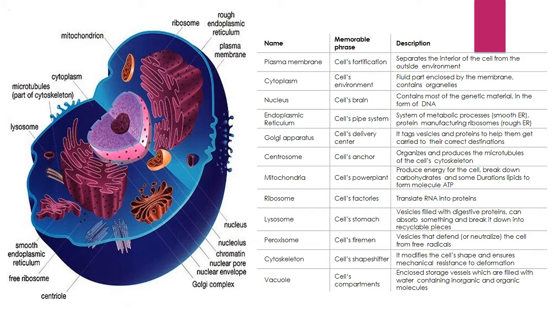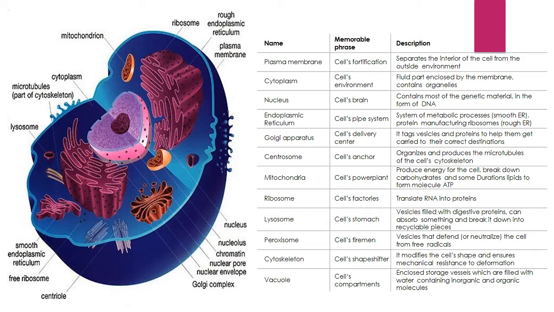After that we have the Golgi apparatus. This is called the cell's delivery center. It tags vesicles and proteins to help them get carried to their correct destinations.